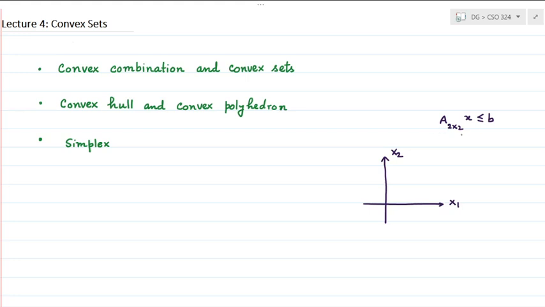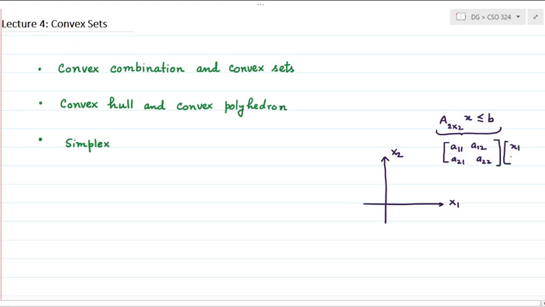Corresponding to this inequality, what is the region in this x1 x2 plane? As A is a matrix of 2 by 2, we can write it as A11, A12, A21, A22. You have two components in x, x1, x2, and also b has two components, let's suppose b1 and b2.